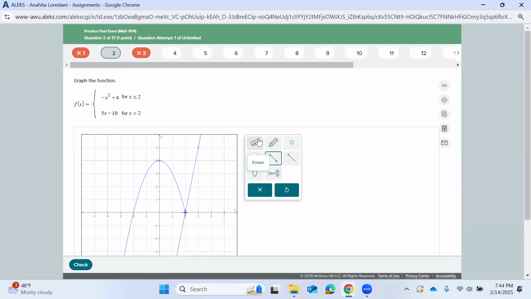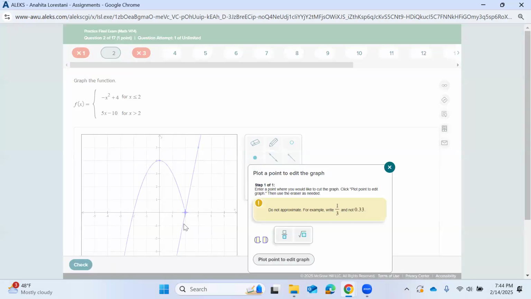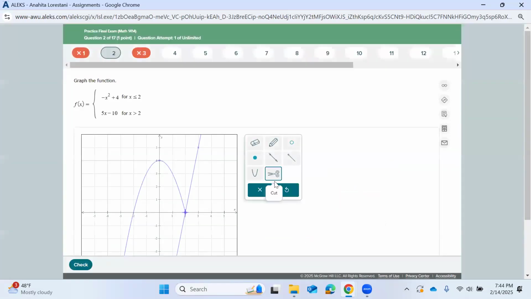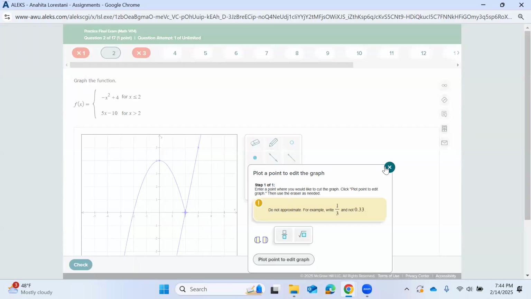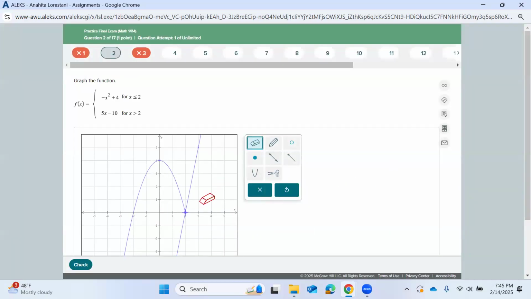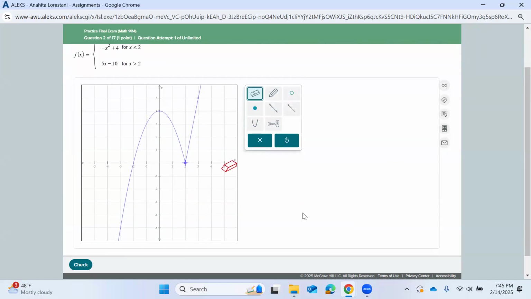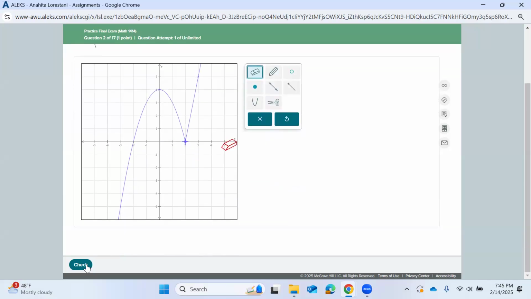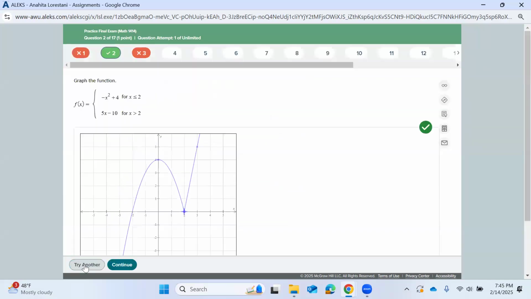Again, I want to cut from 2, 0. Then I'm going to use the scissor. Oh no, I'm going to use the eraser and erase it. Let's see, this graph is correct, but I don't know if I did the steps correctly. Check. It took it. So that's how you graph it.